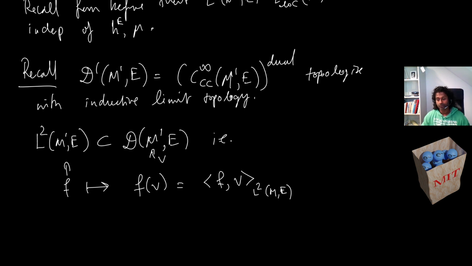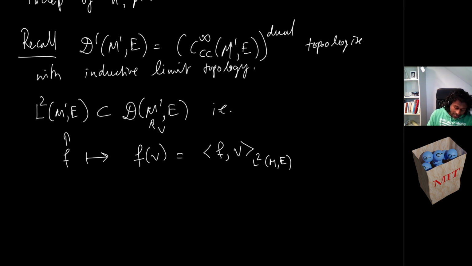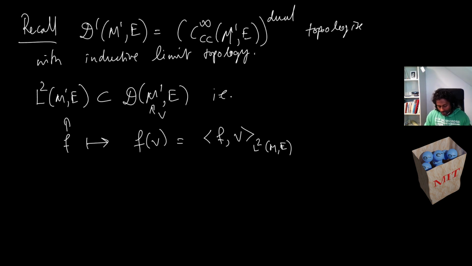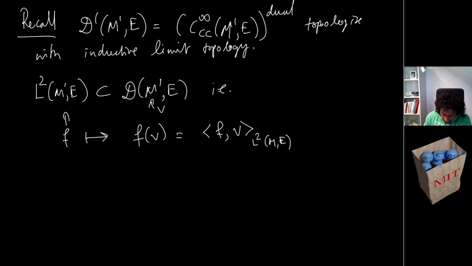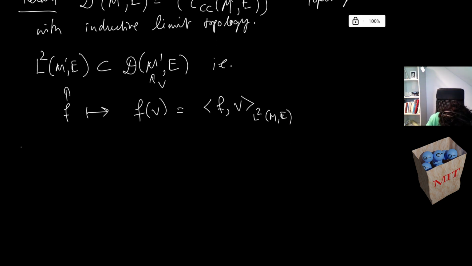It doesn't matter what the metric is. I know it's an identification, but from here on, we will always see L2 as a subspace of distributions. Because I want some breathing room, right? I want to now look at going to a space larger than L2, so I want some breathing space. Okay.